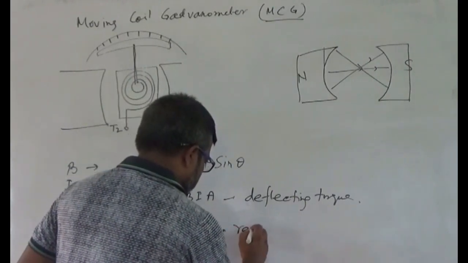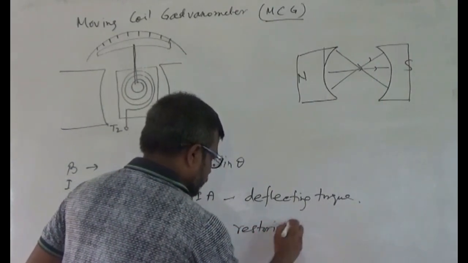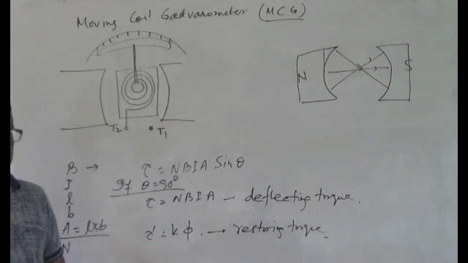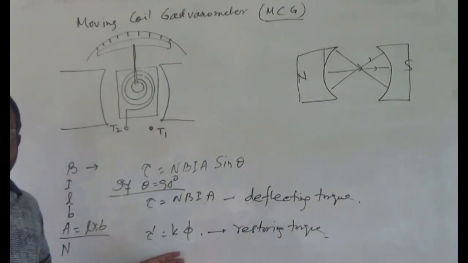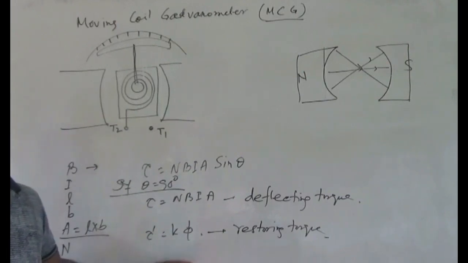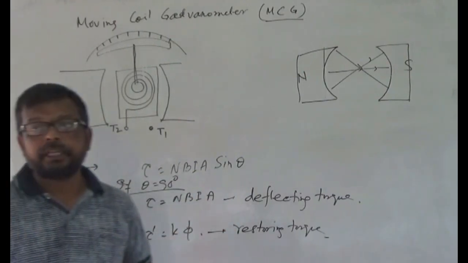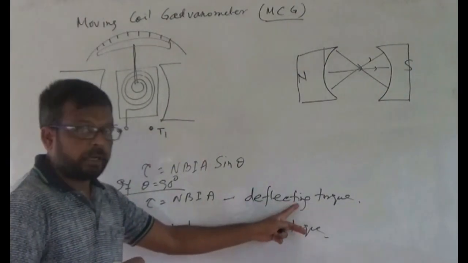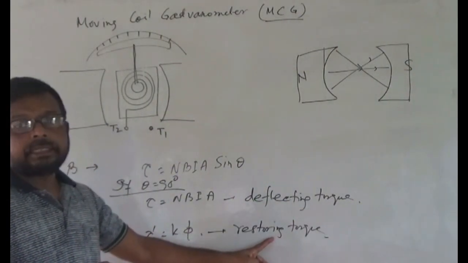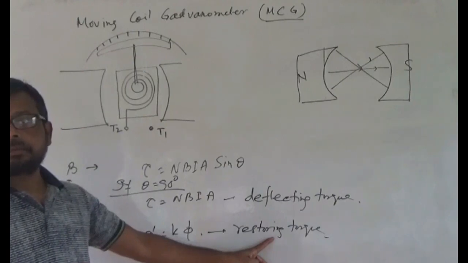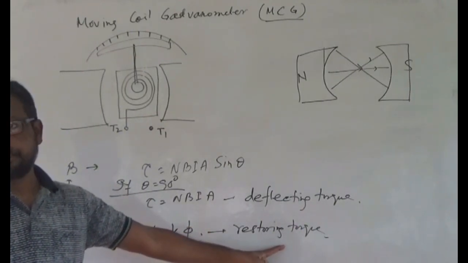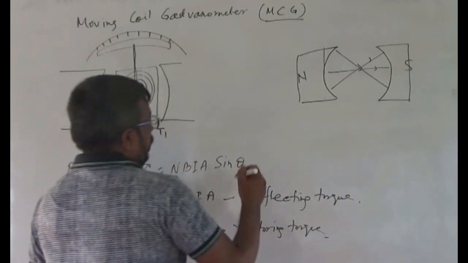This is the restoring torque, right? This comes due to the elasticity of the spring. Now for equilibrium of the coil, the deflecting torque will be equal to the restoring torque.